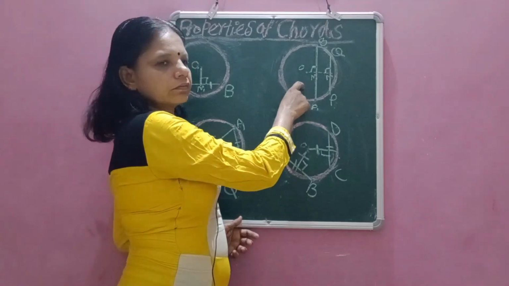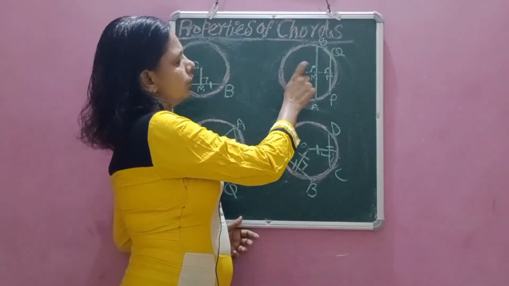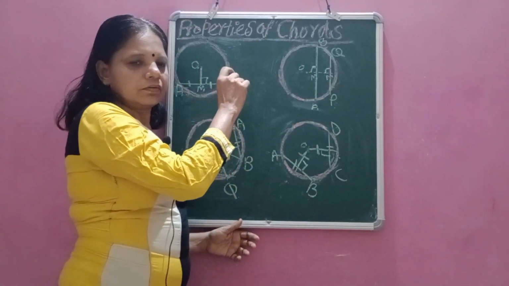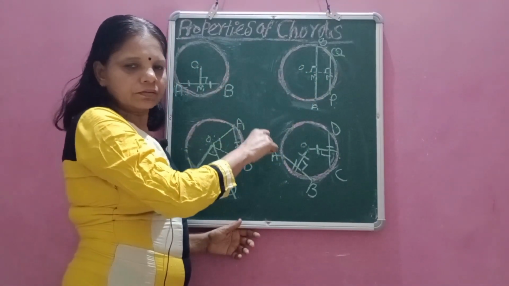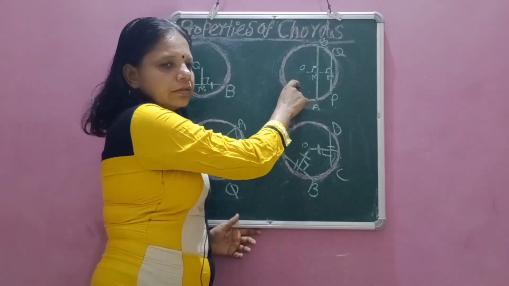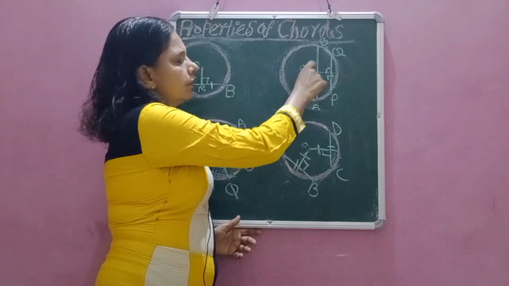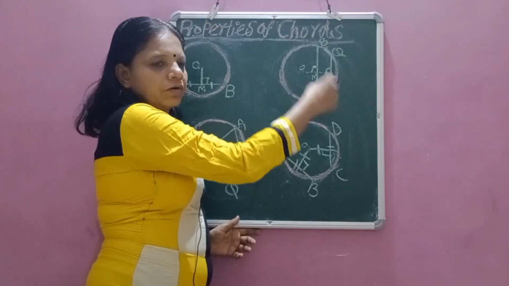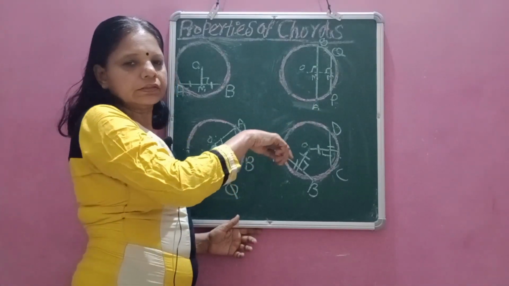But OM is less than ON. What does it mean? The greater chord is nearer to the center of the circle and the smaller chord is farther from the center of the circle.